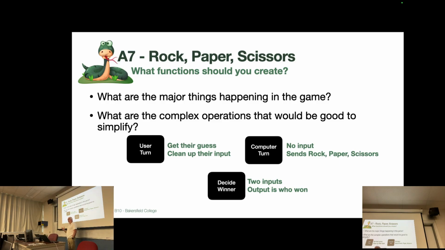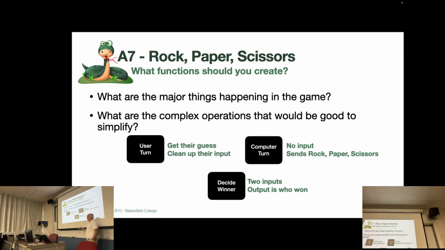So we want to get a rock, paper, scissors guess from them, and we want to make sure that they're using valid input, right? If they have to enter rock, paper, or scissors, they can't cheat and enter like dynamite or something like that. There's only 3 choices, so we have to clean up their input. We have to standardize it, and we have to return that to the game.